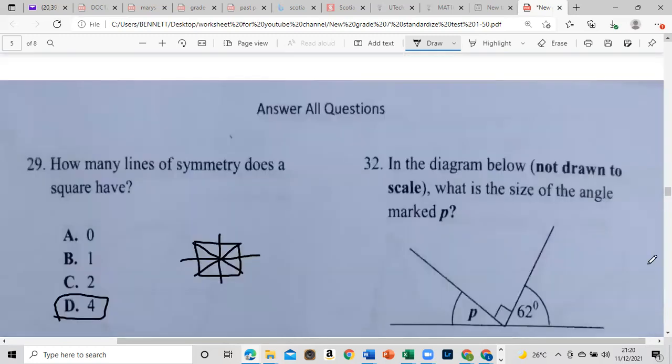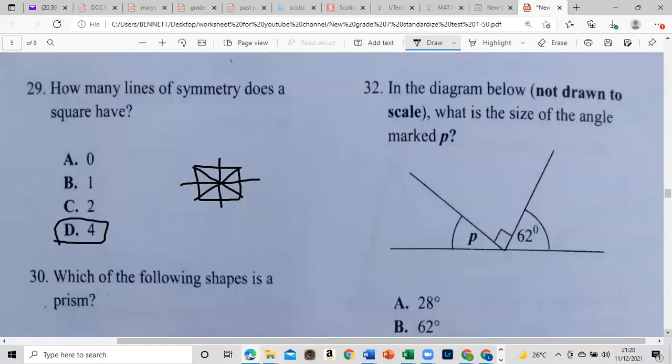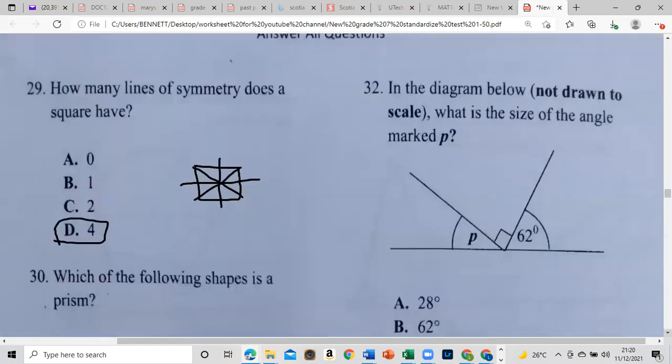Alright, let's look at 32. We're almost there, guys. It said in the diagram, not drawn to scale, what is the size of angle P? So this is 62 degrees. Well, this makes 90 degrees. But remember, all of this is 180 degrees, angles on a straight line. So if this is 90, this plus this should make 90.